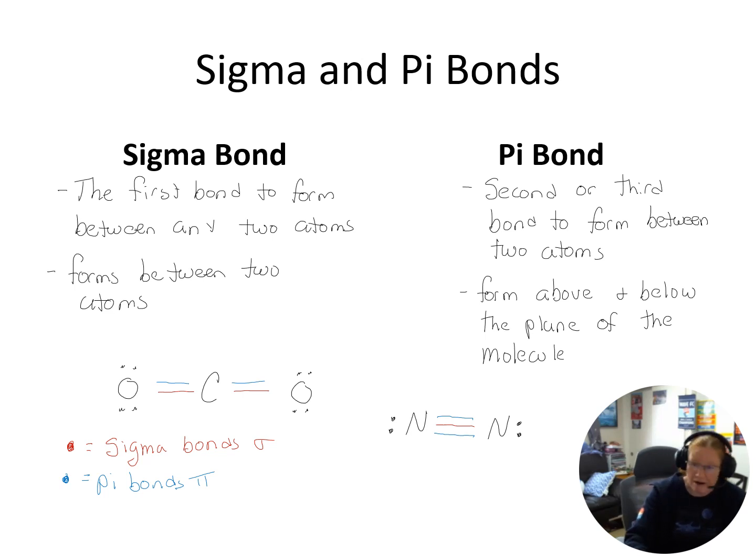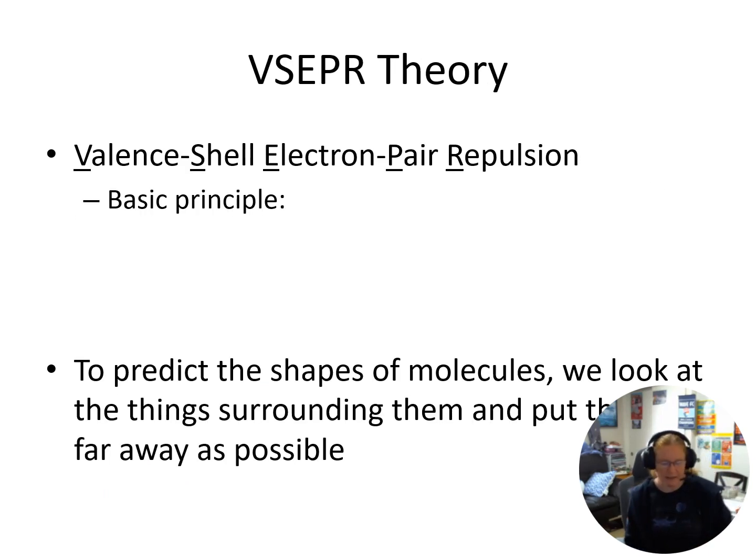Now to review VSEPR theory, again, valence shell electron pair repulsion.